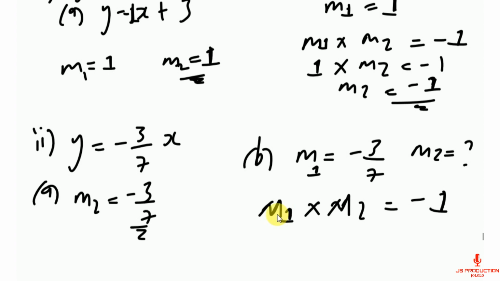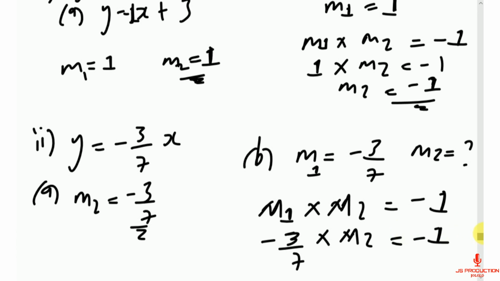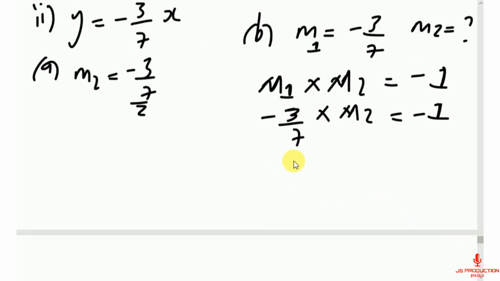Since we have our gradient M1, which is negative 3 over 7, multiplied by M2 is equal to negative 1, we can calculate gradient 2. So that's negative 3 over 7 M2 is equal to negative 1.